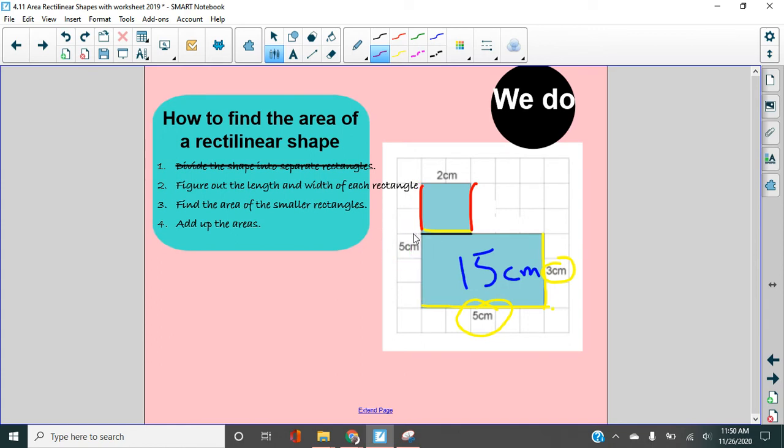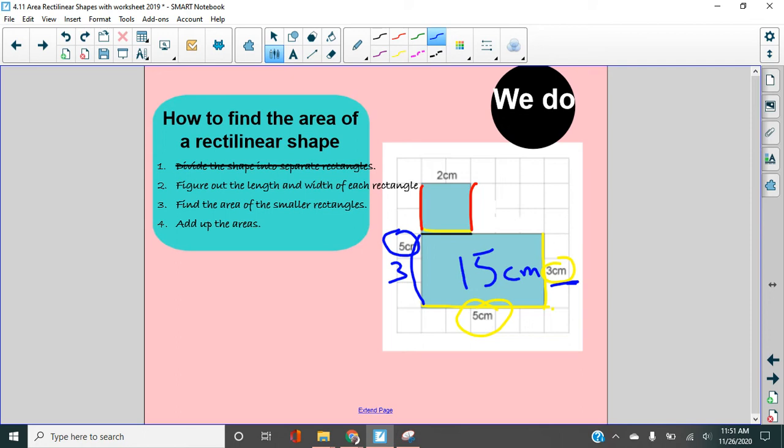Well, if I know that this whole thing is 5 from here to here, what else do I know? Well, I know that this is 3, right? So from here to here has to be 3. Oh, now I have enough information, right? So 3 plus something equals 5. See, sometimes you have to figure out missing sides in order to get the length, right?